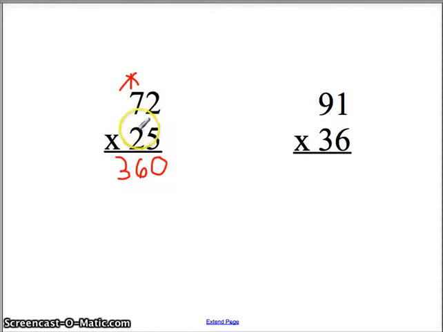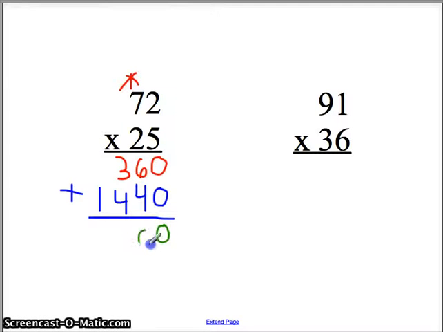Next step, 72 times 2, but that's really a 20, so I will start with a 0 in my 1 spot. 2 times 2 is 4. 2 times 7 is 14. And the last step in this problem is to add. 0 plus 0 is 0. 6 plus 4 is 10.